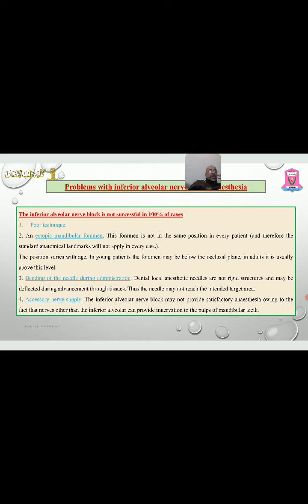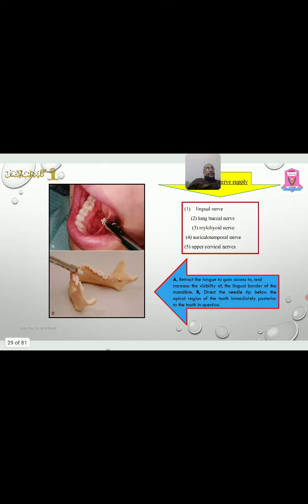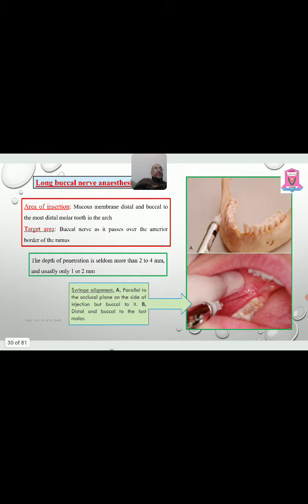The inferior alveolar nerve block may not provide satisfactory anesthesia owing to the fact that nerves other than the inferior alveolar nerve can provide innervation to the pulps of the mandibular teeth. من الممكن المايلوهايد nerve أيضا يعطي innervation pulps of the mandibular teeth. اللونج buccal nerve أحيانا يعطي innervation mandibular teeth. فيجي لك accessory nerve supply من lingual nerve, long buccal, mylohyoid, أحيانا من auriculotemporal nerve والupper cervical nerves.